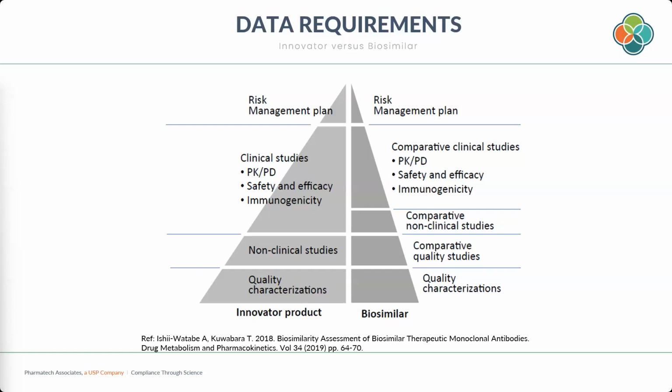Whereas your original drug product obviously has its risk management plan and its clinical studies and its qualification and characterization. But from a standpoint, it's the icebreaker molecule, right? Which is to say it's first in its class. The biosimilar, on the other hand, has an additional burden to not only show its performance as a drug, but that its performance as a drug as closely as possible mimics the performance of the reference drug as well.